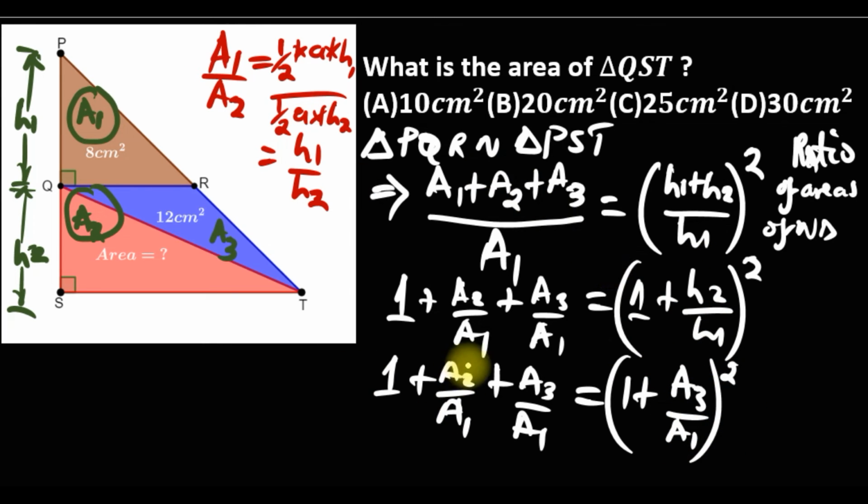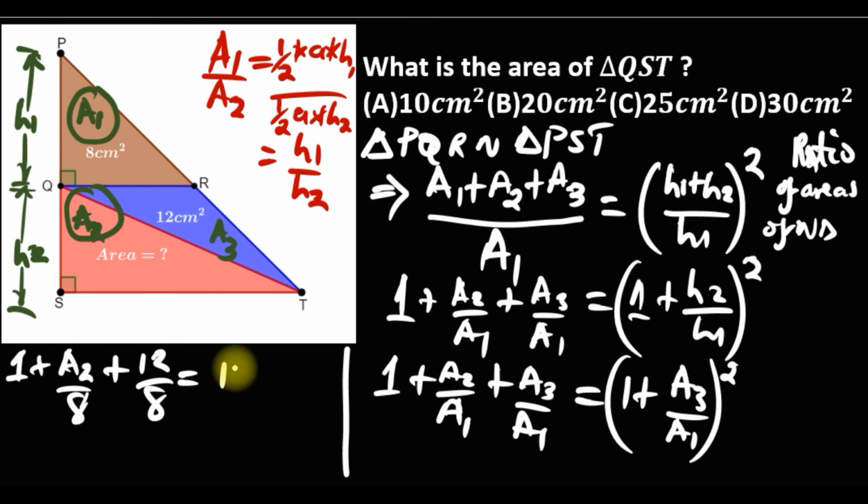So let's now substitute the values. Remember, we're looking for A2. So we have 1 plus A2 over A1 is 8, plus A3 is 12 over 8, which is 1 plus 12 over 8, all squared.